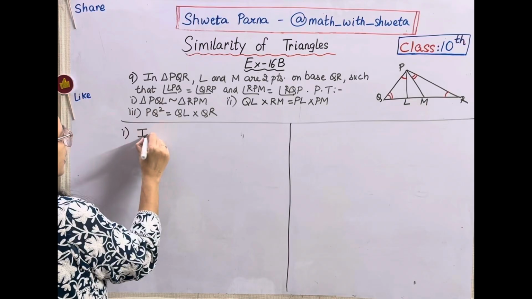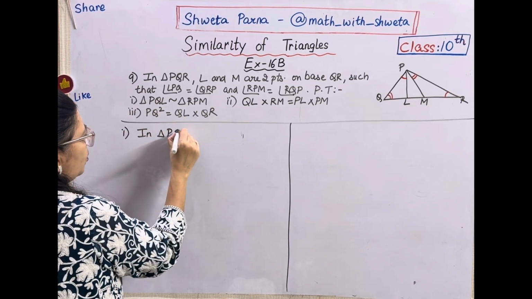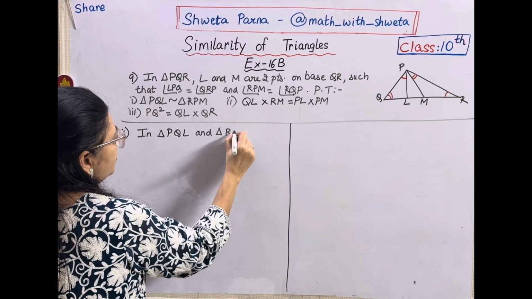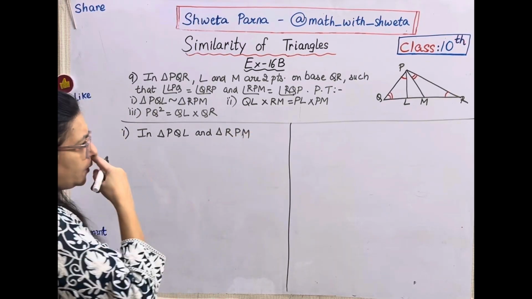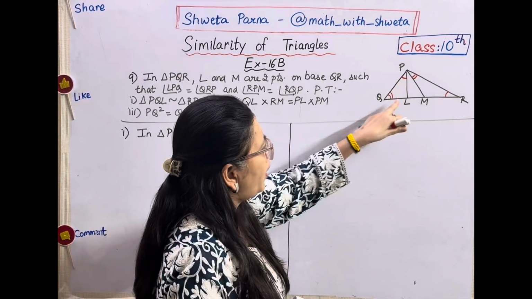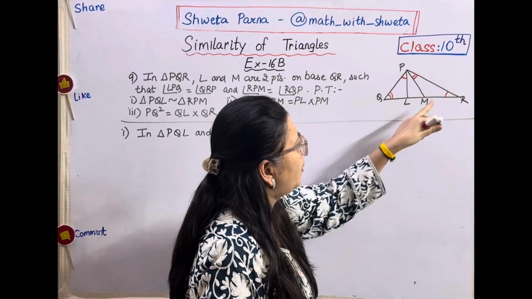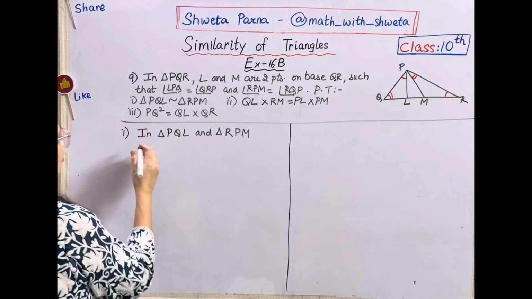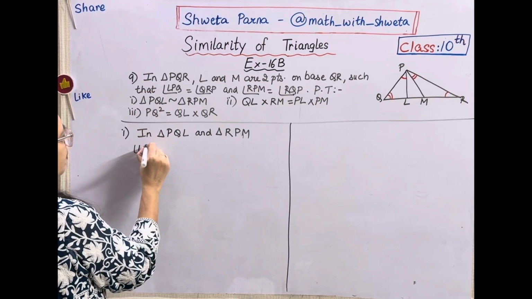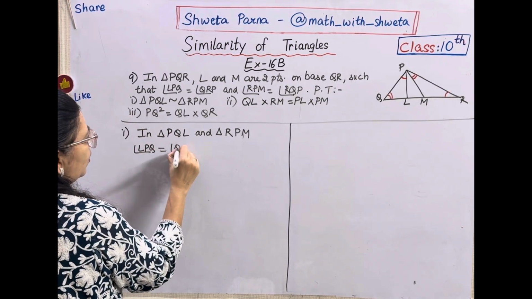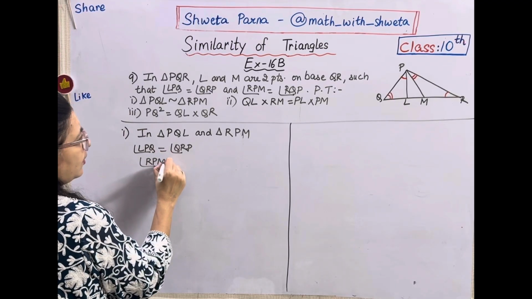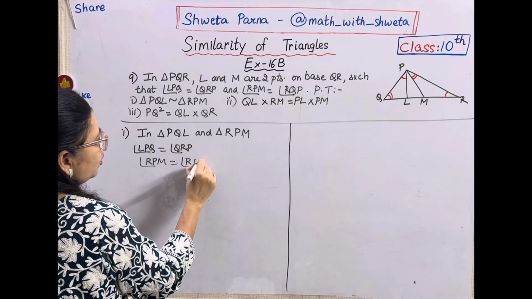First part. In triangle PQL and triangle RPM. First, these two angles are equal and these two angles are equal. So, it's already given in the question. Angle LPQ is equal to angle QRP and angle RPM is equal to angle RQP.